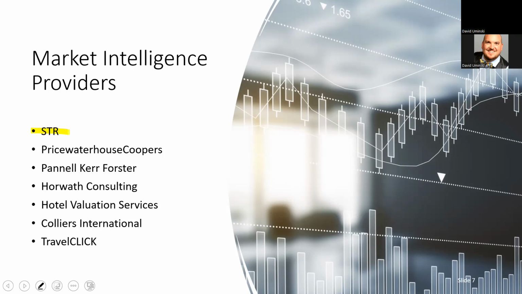So they give Smith Travel Research all of their data. They tell them, this is in this month, this is every single day, this is what our occupancy was, this was our average daily rate, this was our RevPAR. They give them all that data, right? And then Smith Travel Research compiles it and is able to interpret that data.